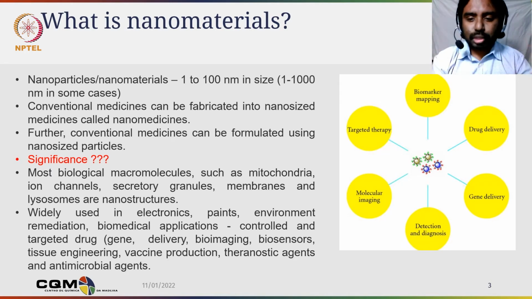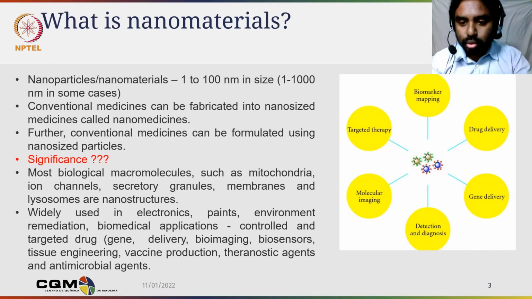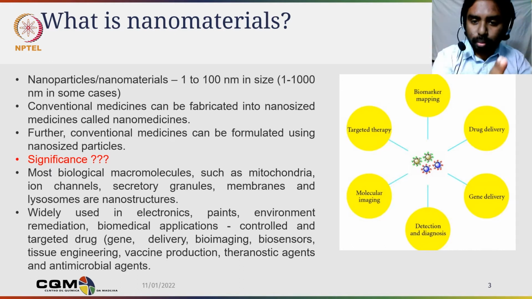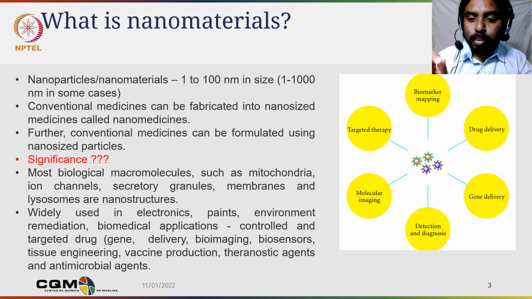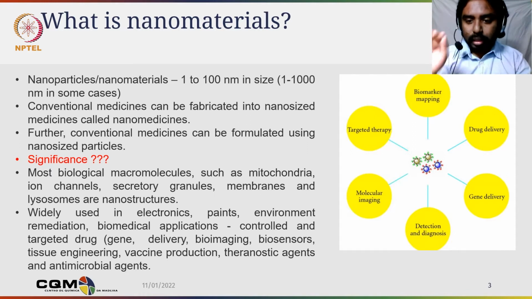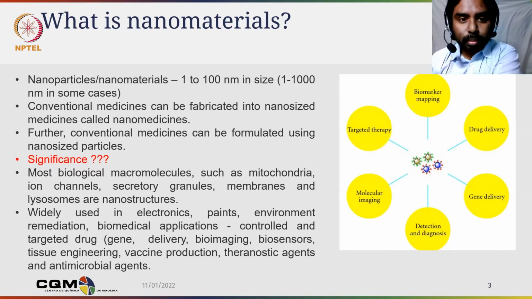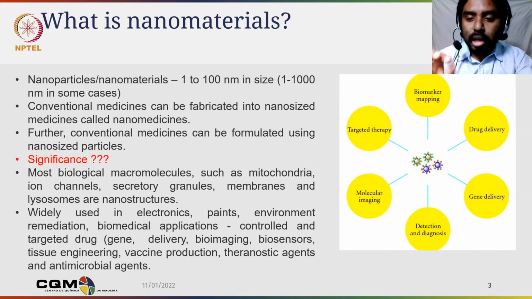So what is the actual definition of a nanoparticle? Whatever its size, 1 to 100 nanometers or 1 to 1000 nanometers, below microparticles, so below 1 micron, its property should differ. Only if its property is different from that of microparticles is it called a nanoparticle.